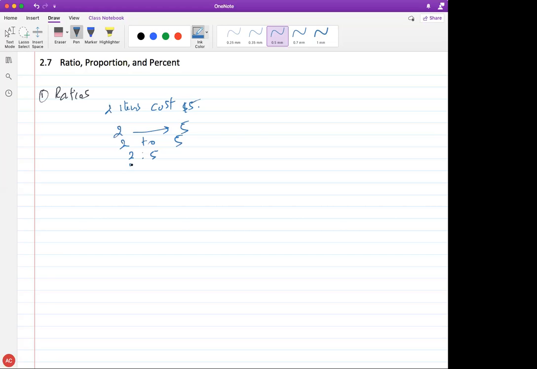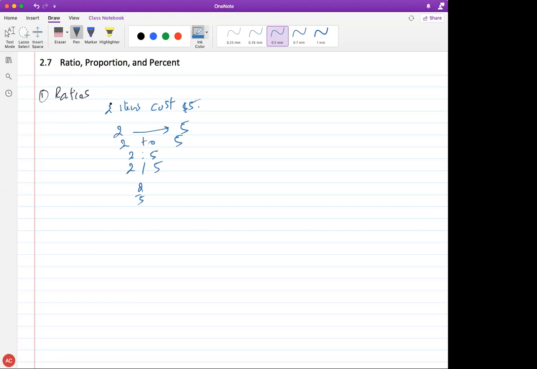You can also use 2 per 5, for example, 2 items per $5. And as a fraction, we can say 2 over 5. So all these pretty much mean the same thing, just a notation for this ratio.